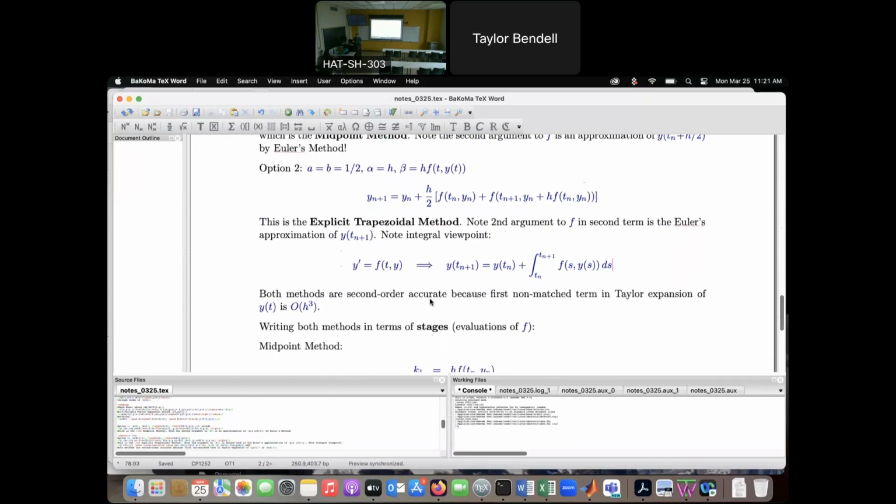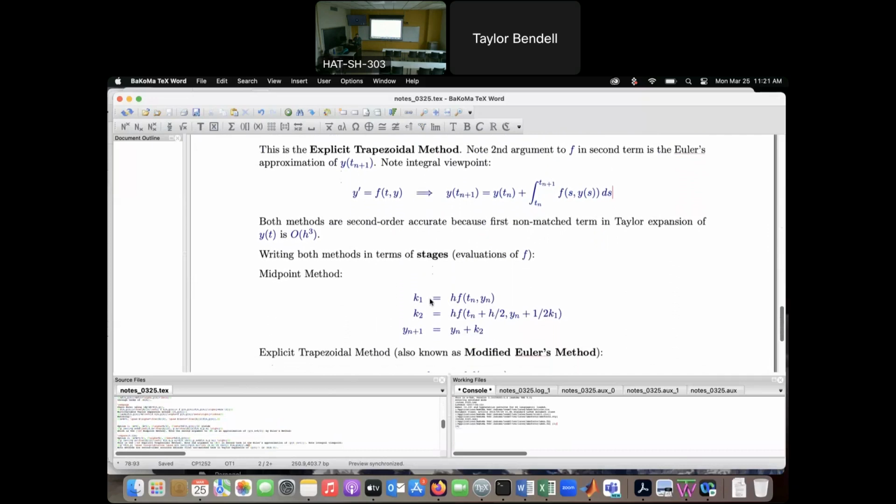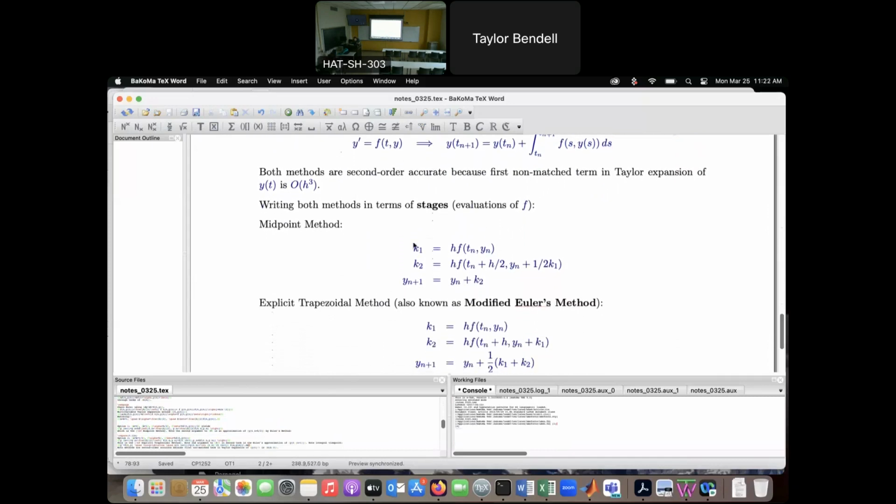A common way of writing Runge-Kutta methods is in stages. Stages refer to evaluations of f. So for the midpoint method, you first compute k1, which is h times f at time tn and yn. And then we evaluate k2, which is approximating the derivative y prime at the time tn plus half a time step.